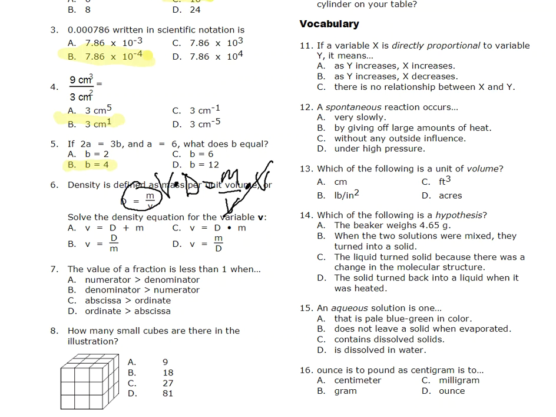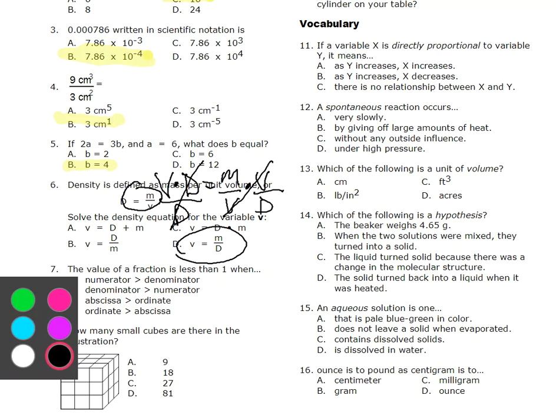It's like 2 plus 2 equals 4 is the same as 4 equals 2 plus 2. But I have not isolated volume. So now what I'm going to do is divide both sides by density. And when density cancels out here, I end up with volume equals mass divided by density.